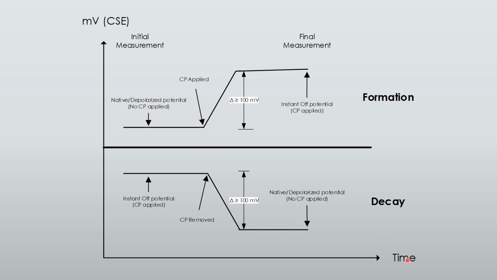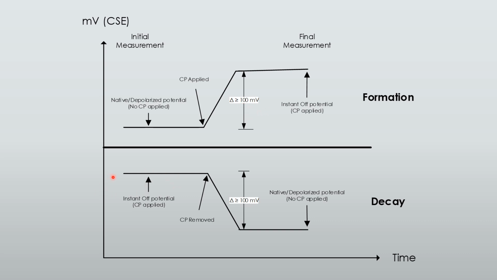We have some amount of time that then occurs. We're going to have a shift as the current travels towards the surface of that structure and causes it to polarize. Then we start taking our measurements with our reference cell in the same location that we took our depolarized measurements. If we have a value greater than 100 millivolts, then we have met criteria.